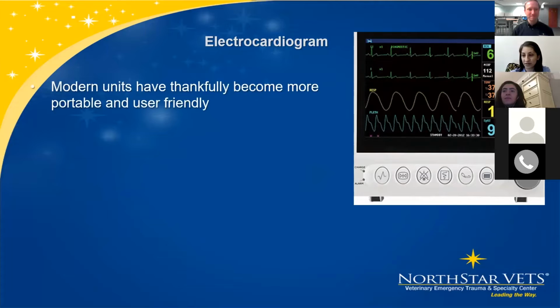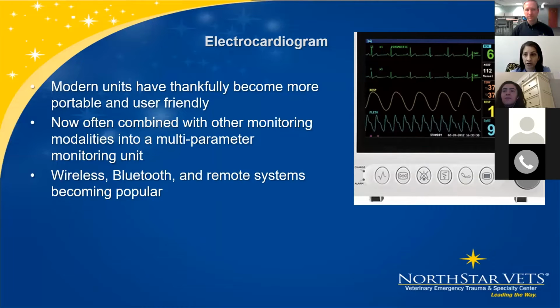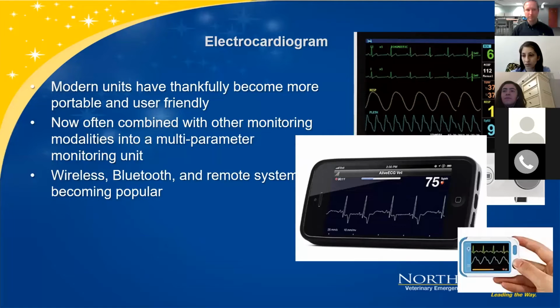So most of these ECGs are now often combined into a multi-parameter monitor. They have several different systems that are included into the same unit, which is very convenient. There are also wireless Bluetooth and remote systems that have become quite popular, and these can also allow you to record and even send your ECG images as well.